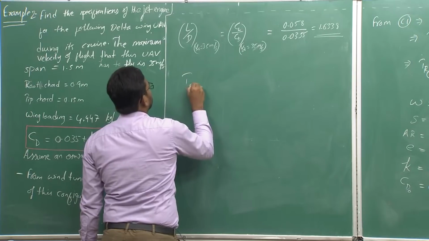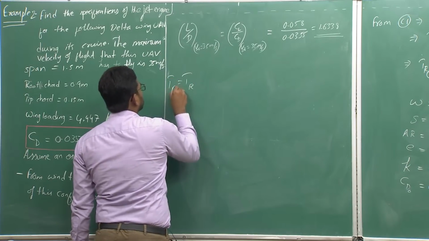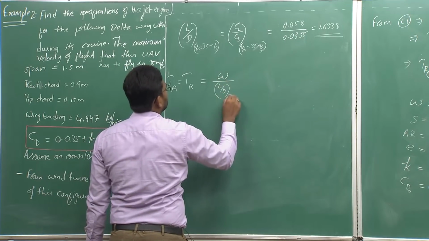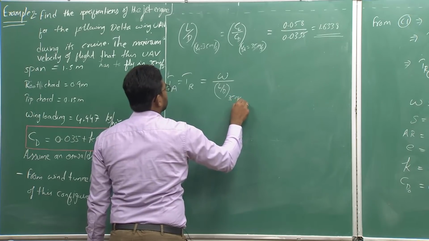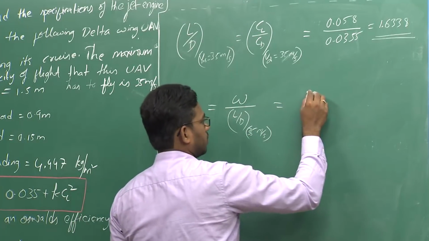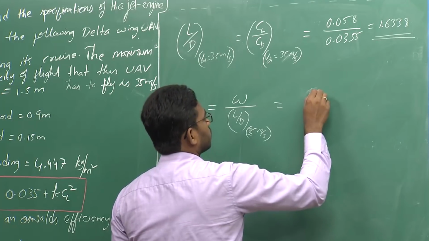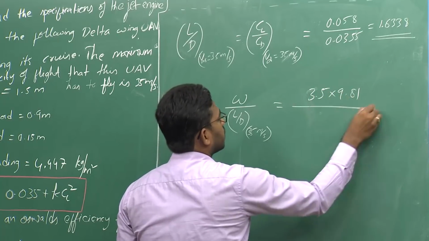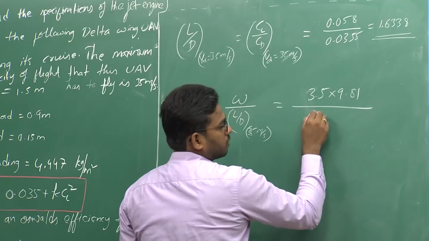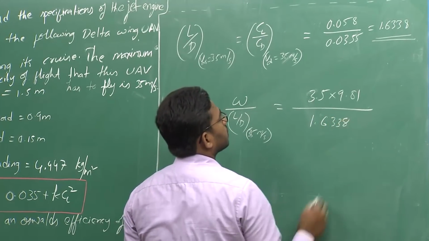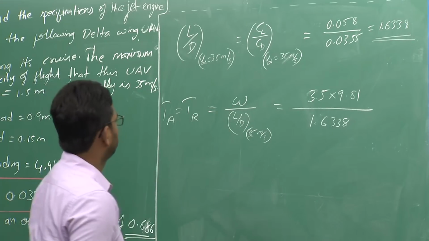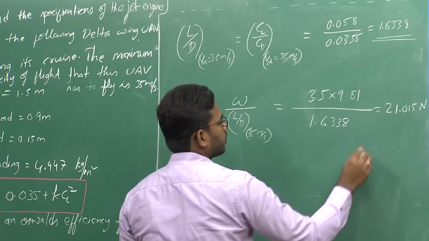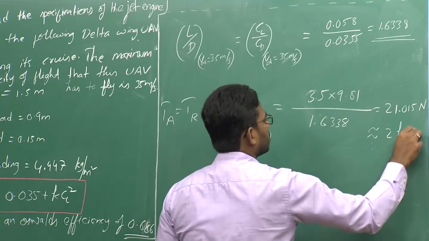The thrust required, which should be the thrust available, is equal to W by L by D at 35 meters per second. W is 3.5 kg into 9.81 divided by 1.6338, which is 21.015 newtons, approximately 2 kgs of thrust.